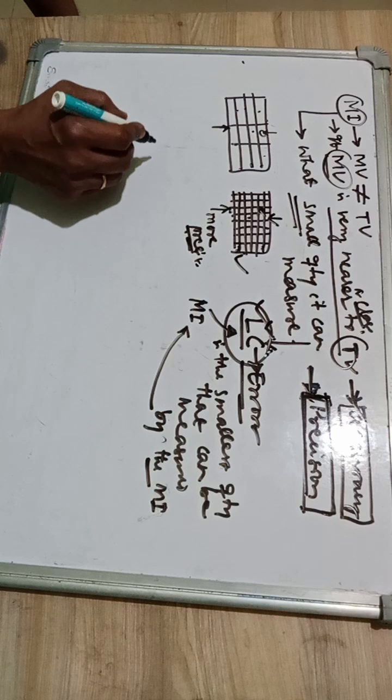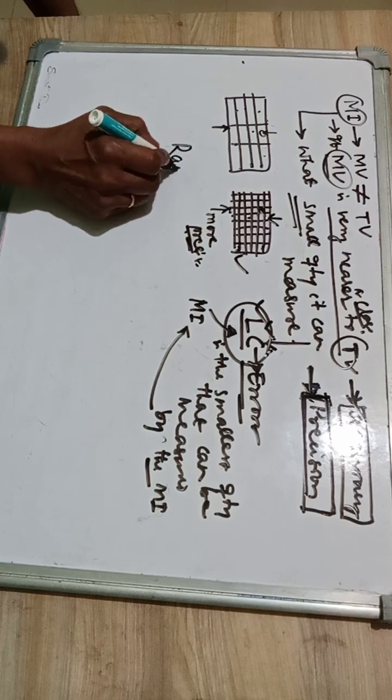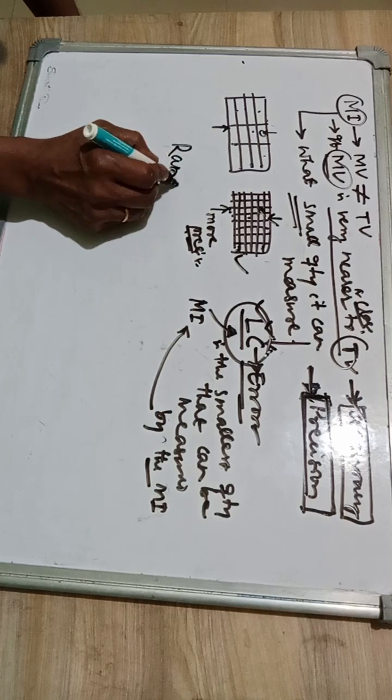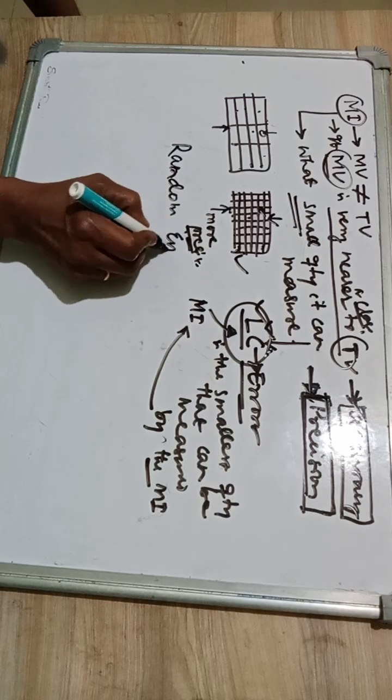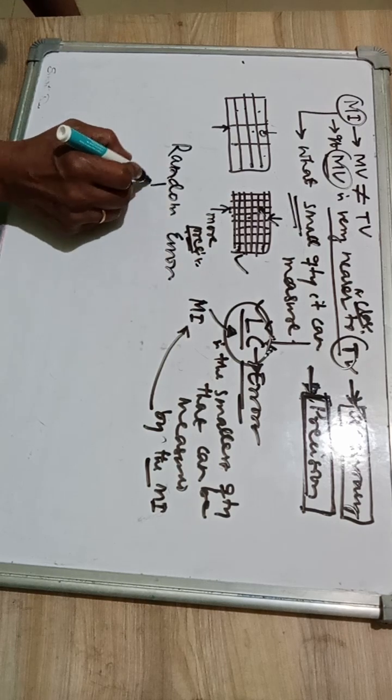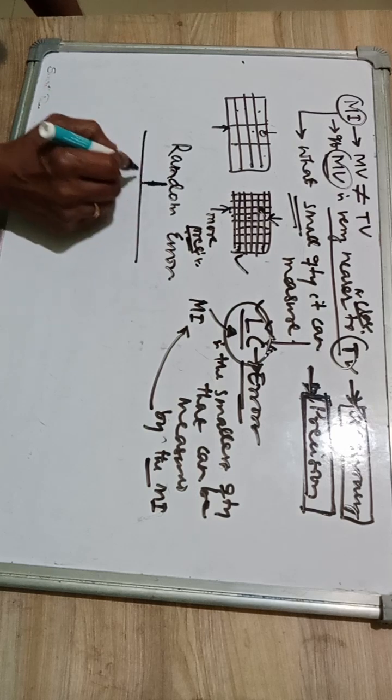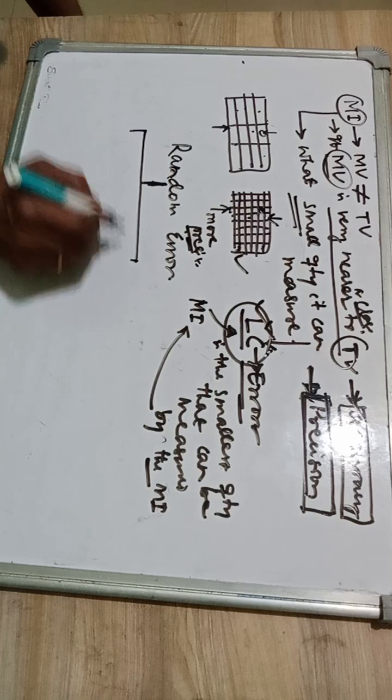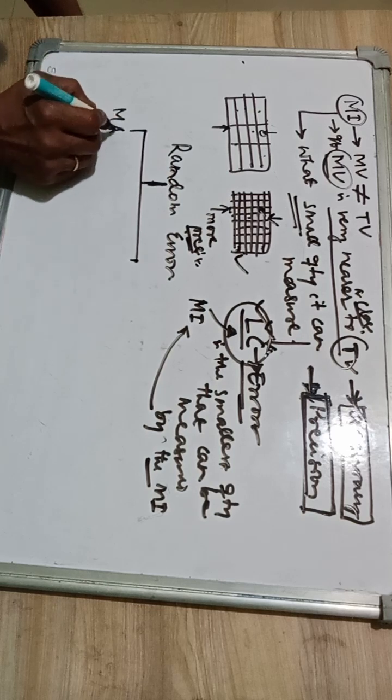Now we have random errors. We can express this random error in three different ways. One is using mean absolute error.